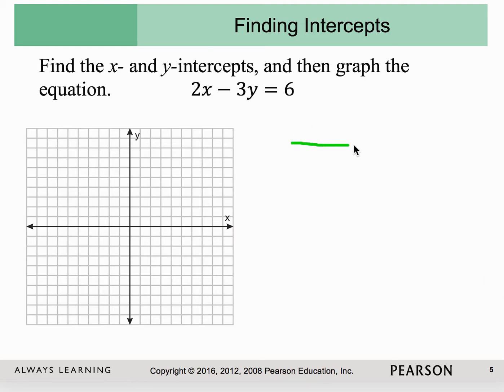Okay, we're still graphing because we have an x and a y. So I'm going to try to find my intercepts. So if x is 0, now watch signs. Negative 3 times what is positive 6? Negative 2. I need two negatives to be a positive. Watch your signs.